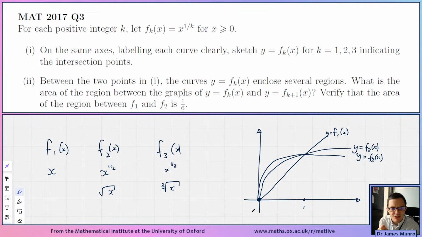And part of that question there in part II on screen is to work out which area you want and which area you don't want, which involves thinking about f_k(x) and f_{k+1}(x). So yes, AOL in chat is correct. You could just integrate, but you should put the 1 over k in there as well. f_k(x) has this 1/k in the power. Yes, we should just do some integration and some subtraction.